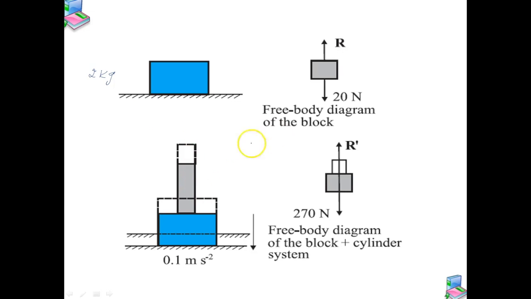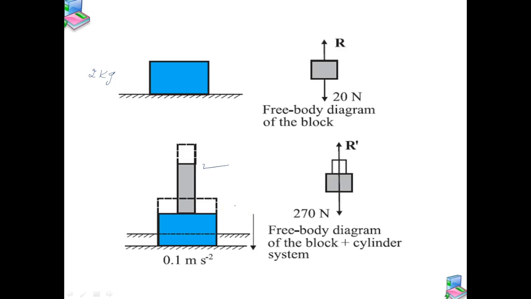When an iron cylinder of mass 25 kg is placed on top of the block, the floor heels steadily and the block and cylinder together go down with an acceleration of 0.1 meter per second square. So what is the action of this block on the floor before and after the floor heels? Take g equal to 10 meter per second square. Identify the action reaction pairs.